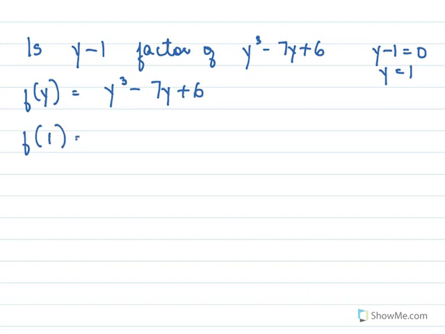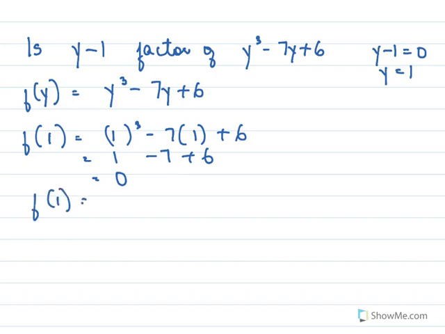So I do f of 1, 1 cube minus 7 plus 6. This is 0. Yes, it is a factor. So since f of 1 equal to 0, I can say y minus 1 is a factor of the polynomial, and the polynomial is y cube minus 7y plus 6.